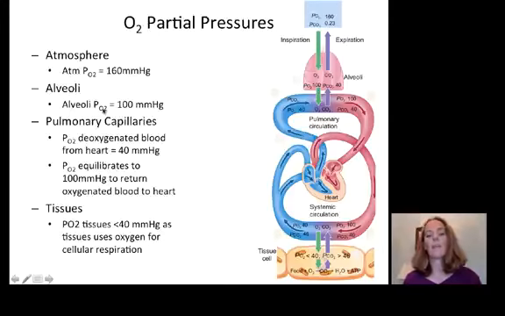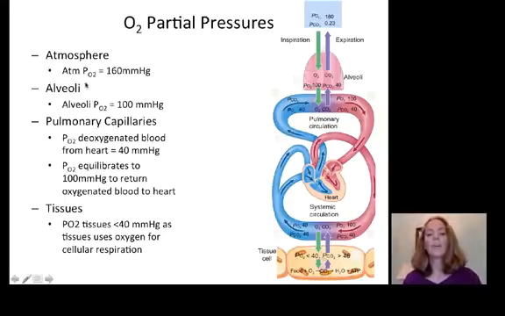The alveoli partial pressure of oxygen is closer to 100 millimeters of mercury. It's not a perfect one-to-one because old air gets mixed with new air in the lungs. So this is probably the last time we'll talk about the atmospheric partial pressures. From now on, we're just going to focus on the alveoli and inside the body. So memorize this number. The partial pressure of oxygen in the alveoli is 100 millimeters of mercury. That's very high. That's a good concentration of oxygen.